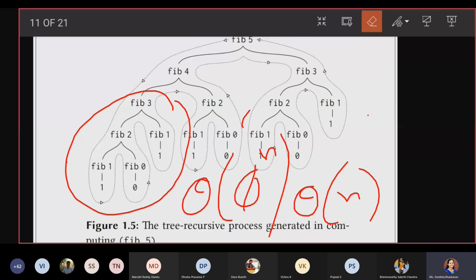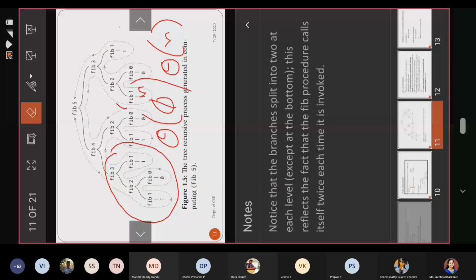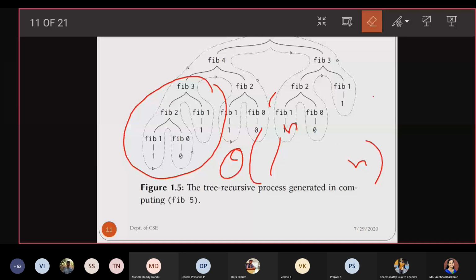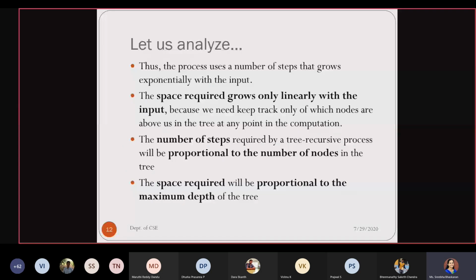That is the point from this, and that is what has been tried to explain in this slide.